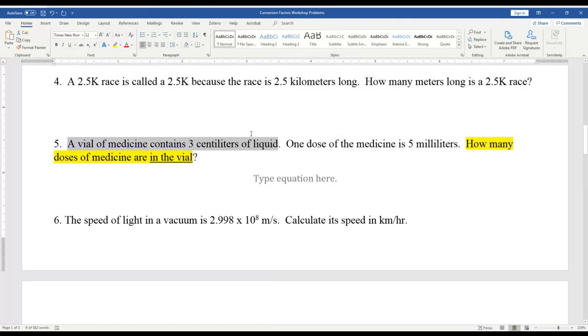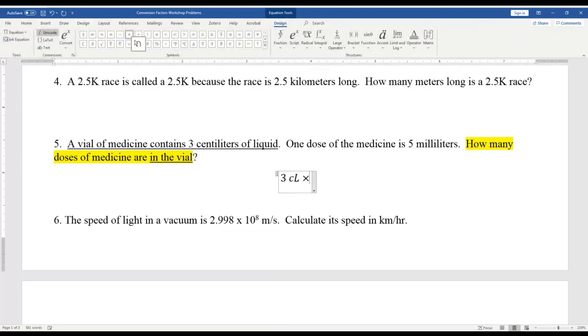The volume of the vial. The vial's volume is equal to the doses of medicine in it, in some way. We've got to figure out what that means mathematically. So centiliters, C is centi, L is liter. And then I'm going to go ahead and multiply, and I'll do a conversion factor here.